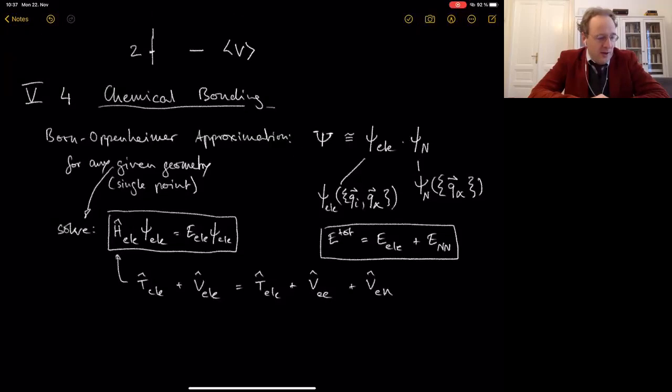All right, so the question now is what can we do about these operators, and in particular, what about this potential term? Is it homogeneous?